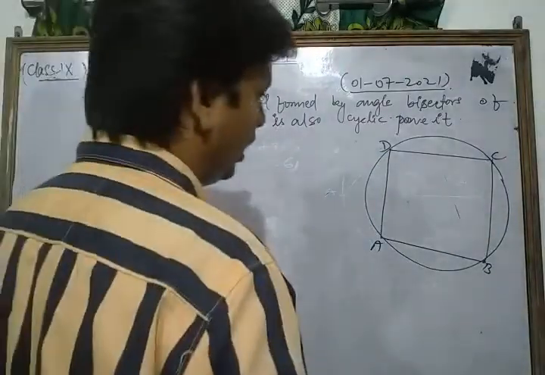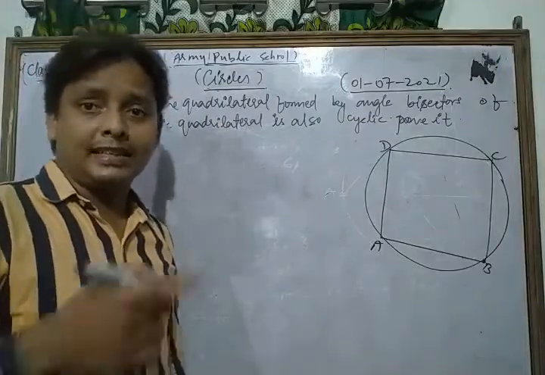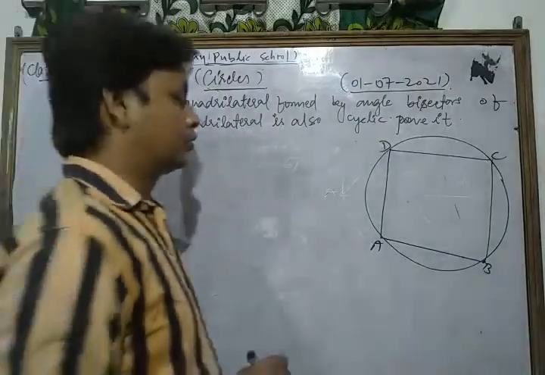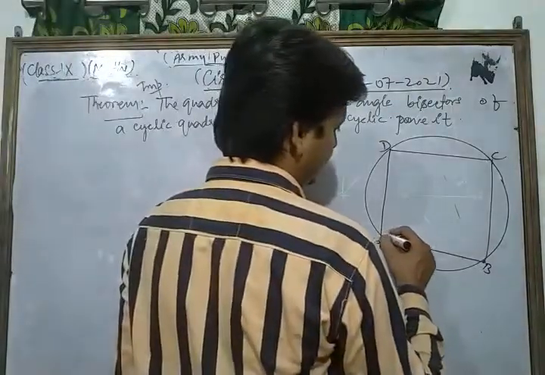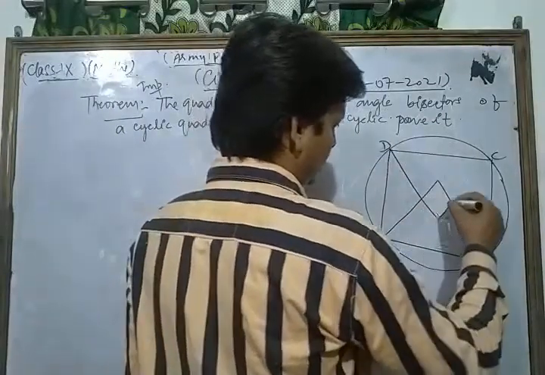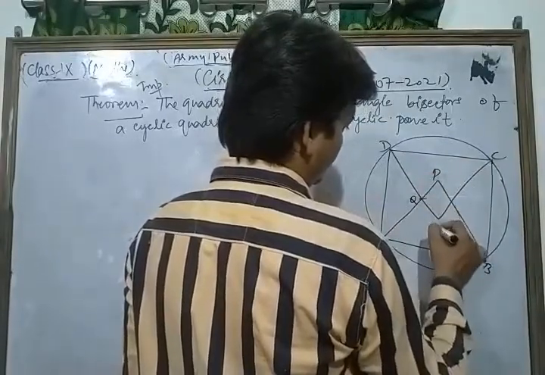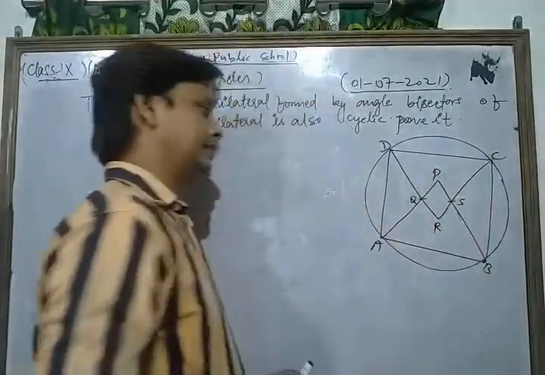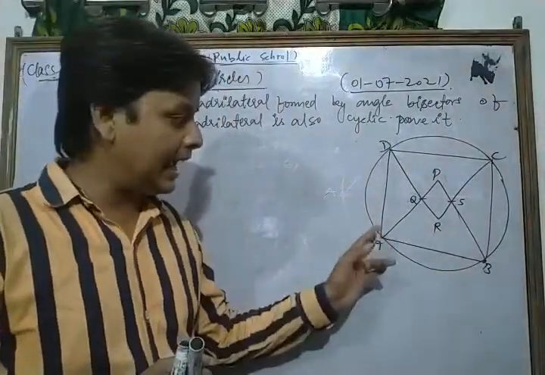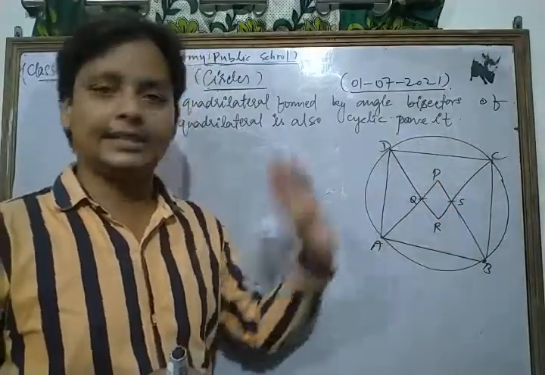Now, the quadrilateral formed by the angle bisectors of the cyclic quadrilateral. So let's see the angle bisectors. Now the points are P, Q, R and S. So dear students, the quadrilateral formed by the angle bisectors of the cyclic quadrilateral is PQRS.